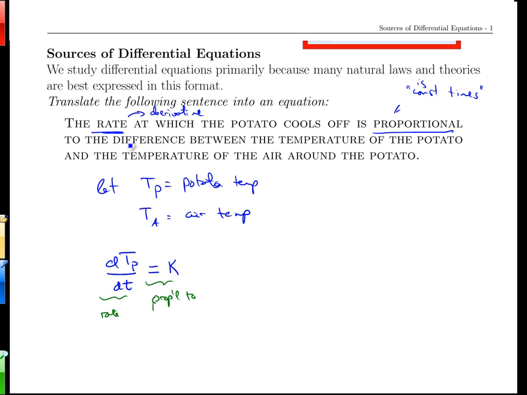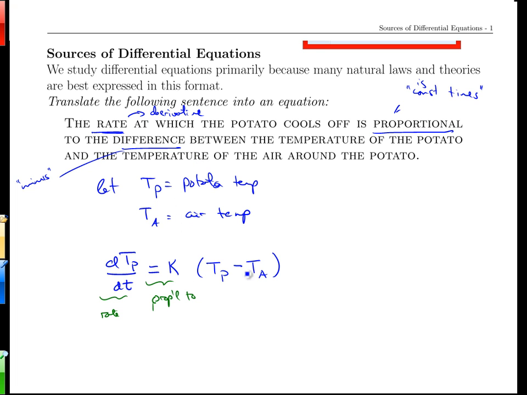Proportional to the difference. So the difference, of course, is a minus sign. One minus the other. Proportional to the difference between the temperature of the potato and the temperature of the air. So this is what we expect drives temperature change when we're talking about an object cooling down.